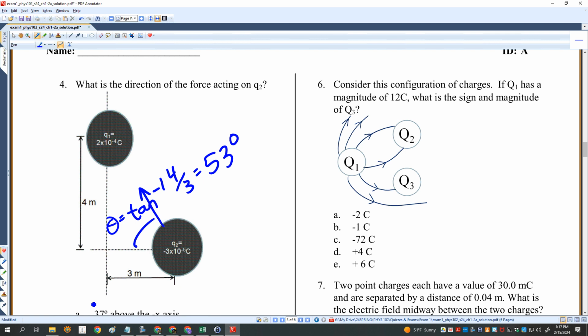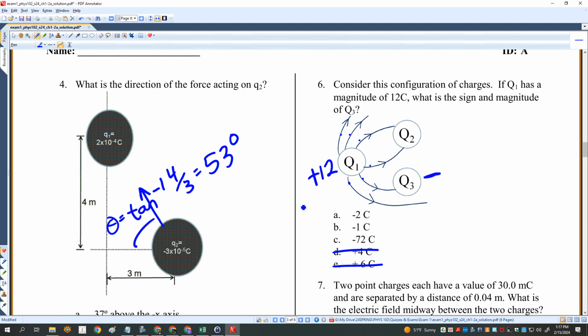What is the sign and magnitude of Q3? I'm told that Q1 is 12, and I know that that's positive, and Q3 must be negative, so I can get rid of some of these. I can get rid of the positive ones, and then notice I have 1, 2, 3, 4, 5, 6 lines.